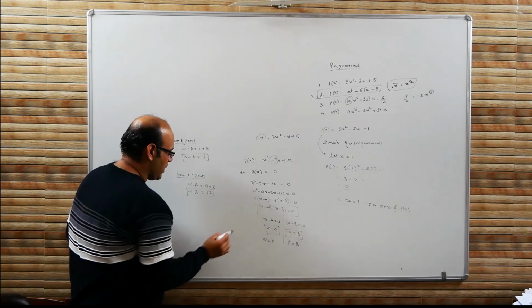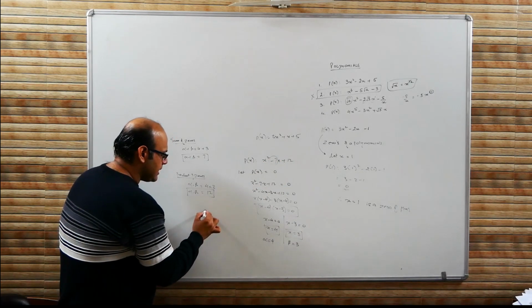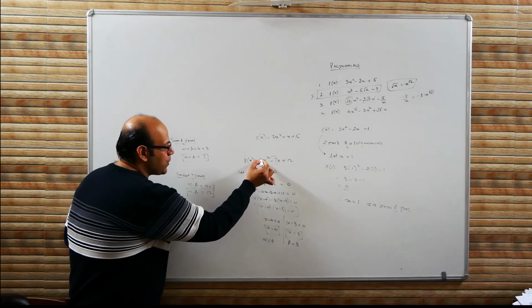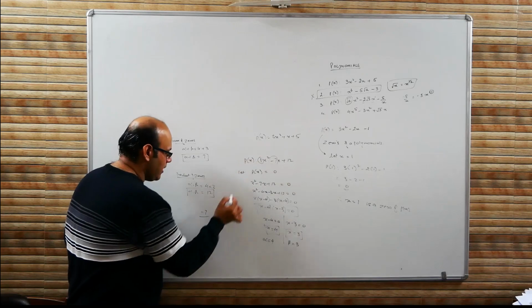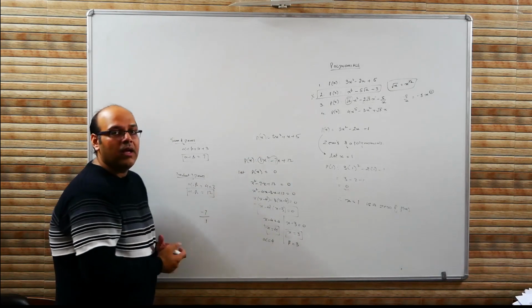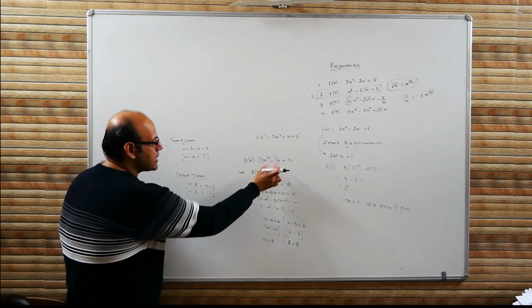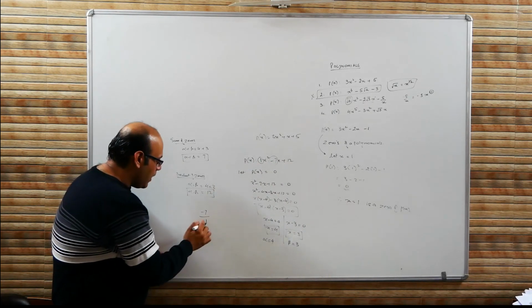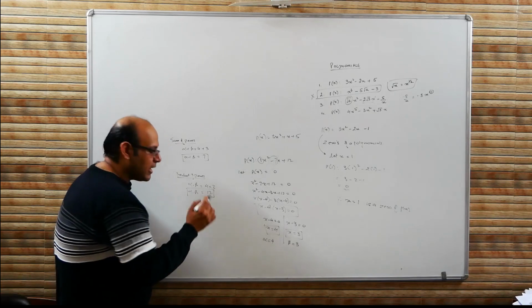Minus 7. So if I take minus 7 and divide it by the coefficient of x square, which is 1, right? We took the coefficient of x and divided it by the coefficient of x square, and put a negative sign in front of it.